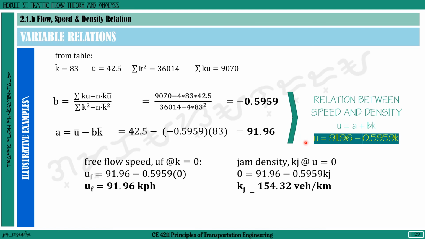That will now be equal to K sub j is 154.32 vehicles per kilometer. And for our Q max, that will simply be the half of U sub f times the half of K sub j, or that's your U sub m times K sub m. And that will give us now a value of 3547.82 vehicles per hour.